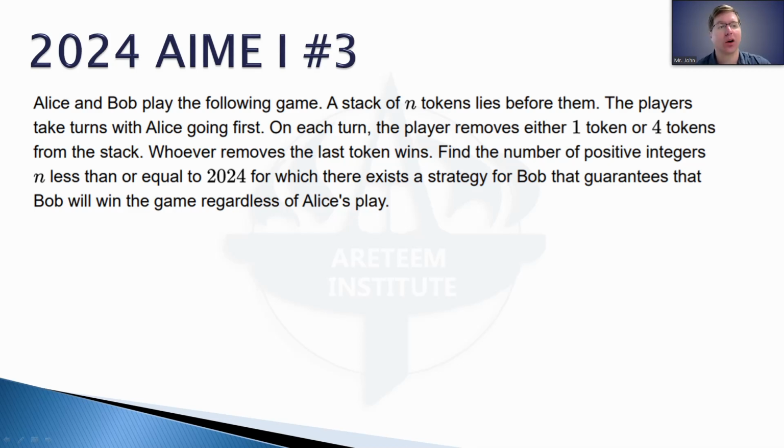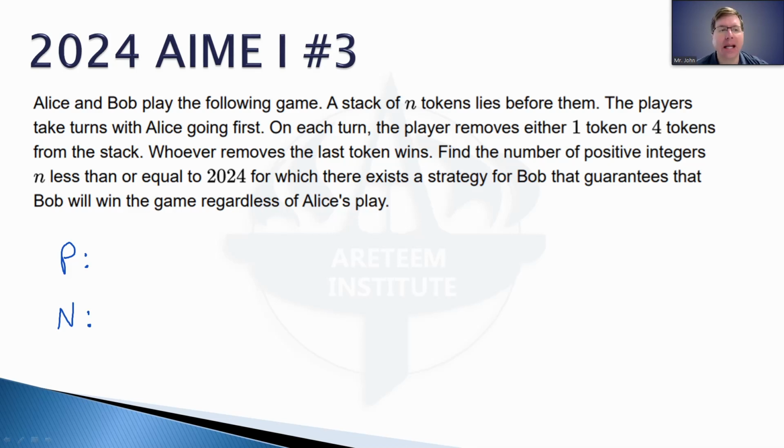You can use the characterizations we just went over to prove this quite easily. So let's start with our P and N positions here. I want to do this almost agnostic, without really thinking about Alice and Bob, who's winning or stuff like that. What are our P and N positions in this case?